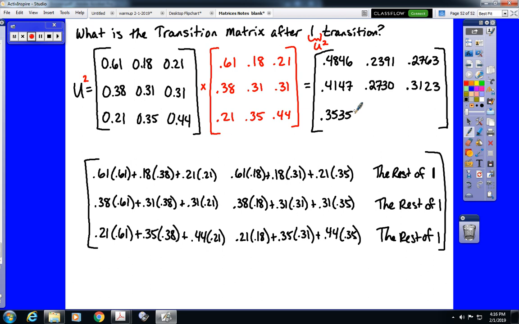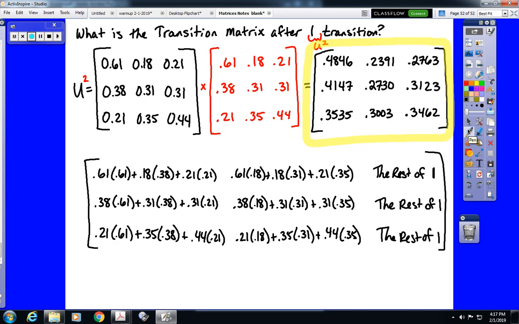Same thing for the second entry, 0.21 times 0.18 plus 0.35 times 0.31 plus 0.44 times 0.35, which is 0.3003. Subtract both of those numbers from 1, and our final entry would be 0.3462. So this would be our answer. What is U squared? What is U after one transition? It would be that matrix right there.